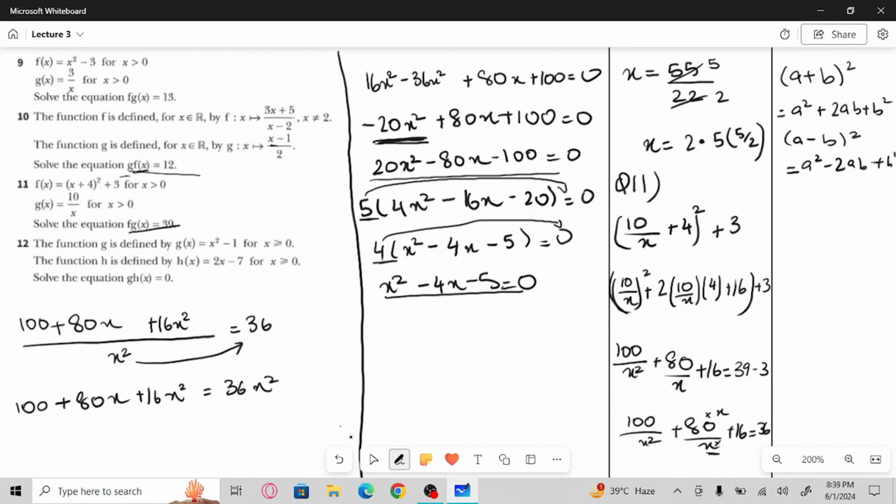For example, if we want to find this x squared minus 4x minus 5, again we are going to use middle term break down: x squared minus 5x plus x minus 5 is equal to 0. And for those who don't know middle term breaking, I will record a separate lecture for that.